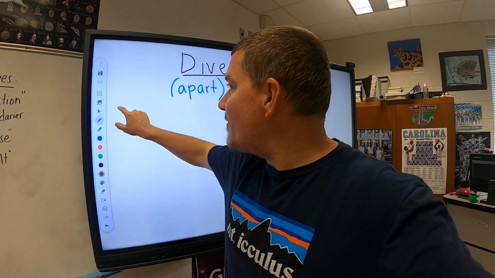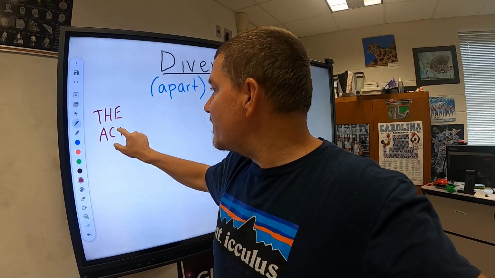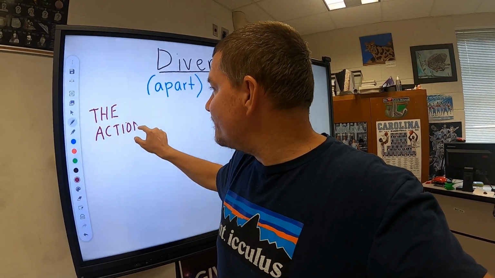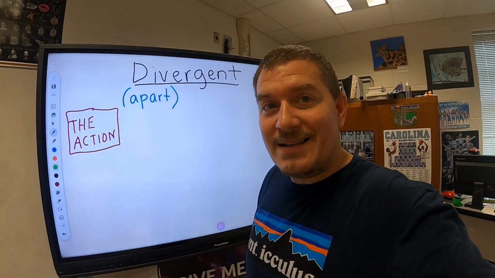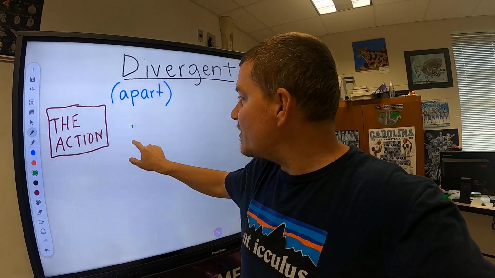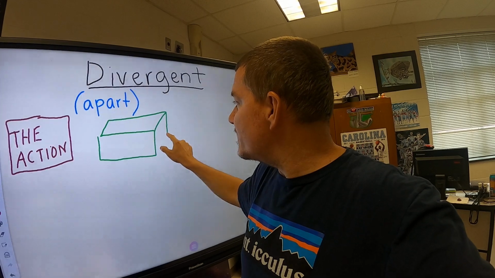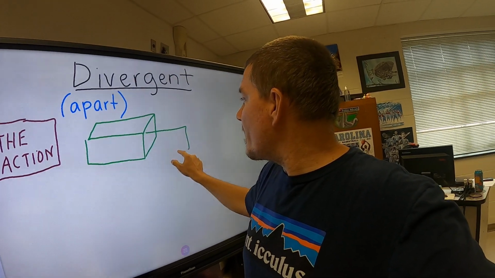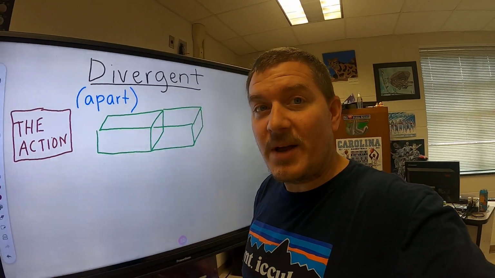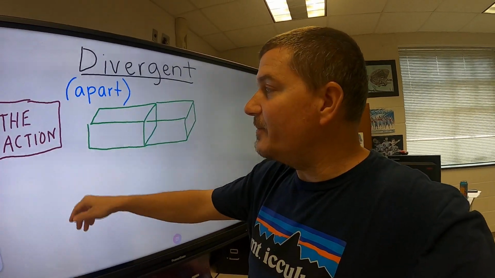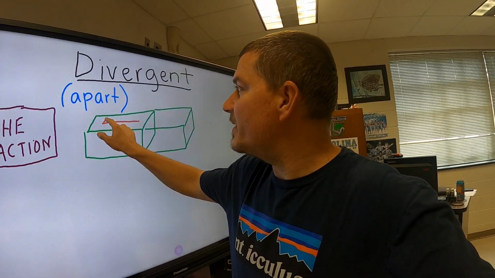So we're all still in this top third section, and the next thing to talk about is that action. So with a prefix like di meaning apart, the action is going to be that our 2 plates, because with any plate boundary there are 2 plates that are moving, and in divergent, those 2 plates are moving apart from each other.